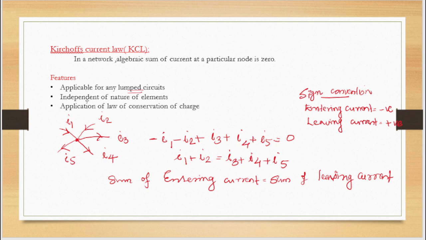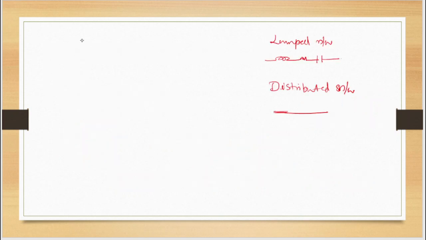KCL is independent of the nature of the elements of the circuit, and it is the application of the law of conservation of charge. We know that current is equal to dq by dt.